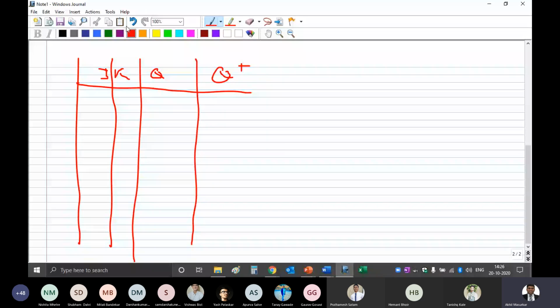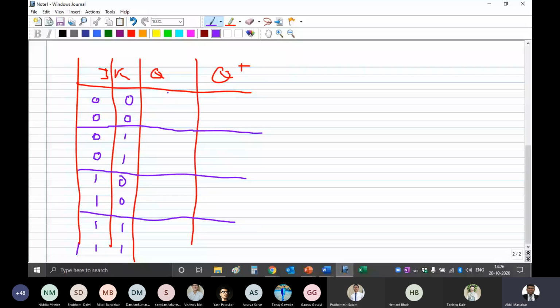So here we have J as 0, 0, 0, 0, 1, 1, 1, 1, and K can take values of 0, 0, 1, 1, 0, 0, 1, and 1. Now, for any values of J and K, there can be two possible outputs. So this can be either 0 or 1, this can be 0 or 1, this can be 0 or 1, or this can also be 0 or 1. That is quite possible.